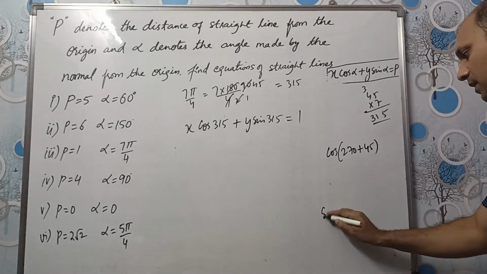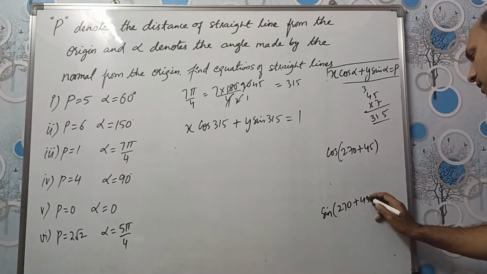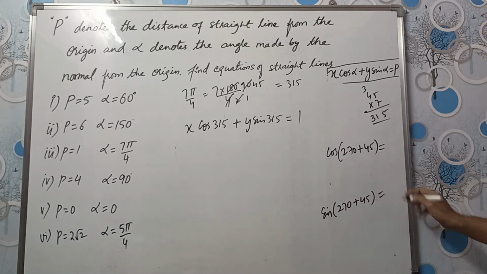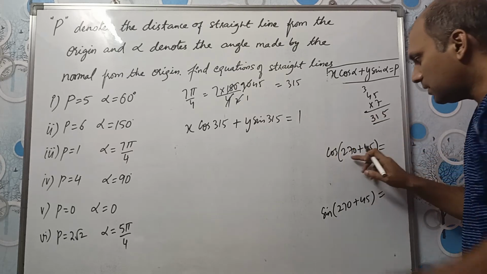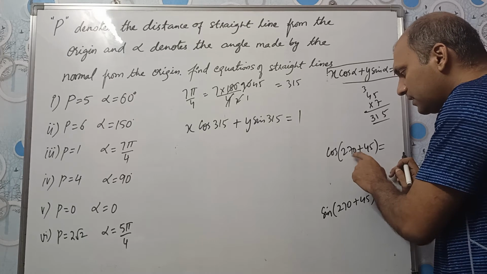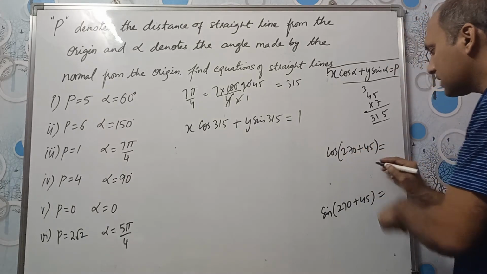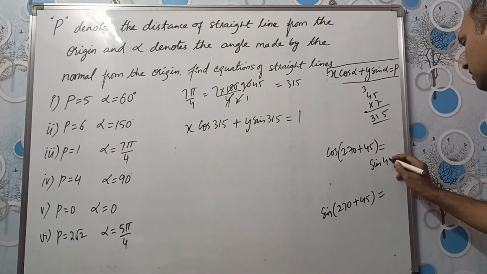And sin 315 is also sin of 270 plus 45. When we have 90 plus something, 90 minus something, 270 plus something or 270 minus something, cos will change to sine. So this is sine 45.